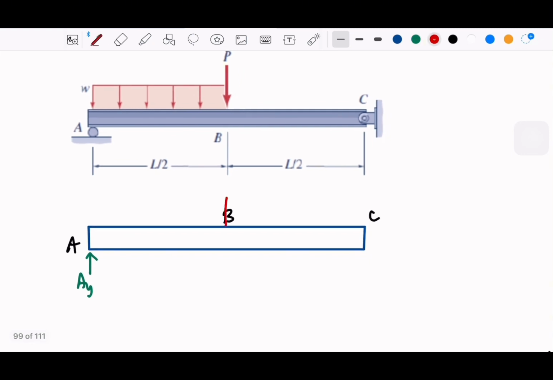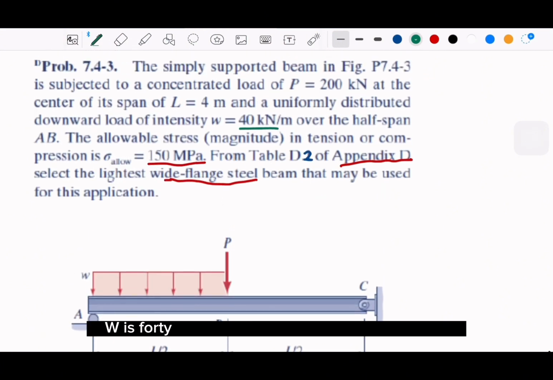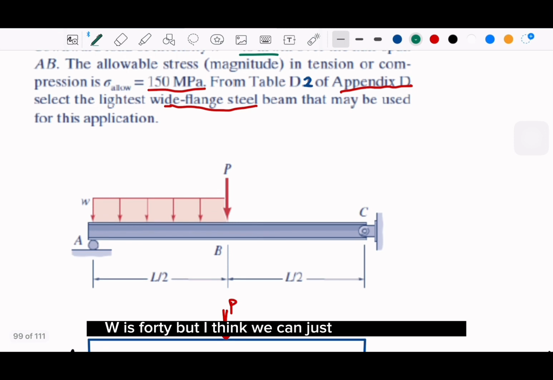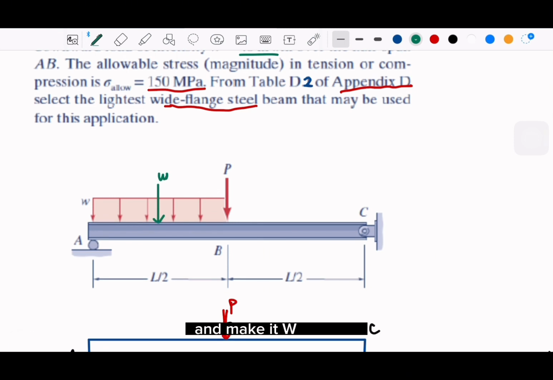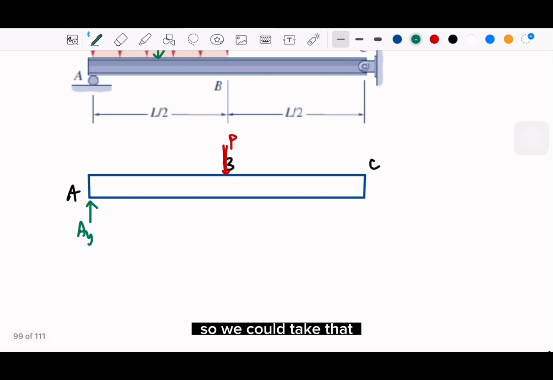This will be P. And then we have here W. W is 40, but I think we can just take it into here and make it WL over 2, right? This is L over 2. So we could take that right here.